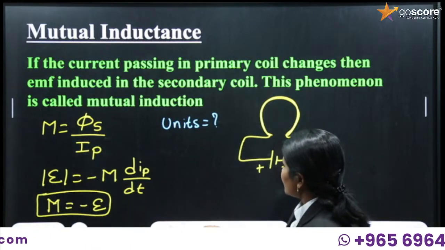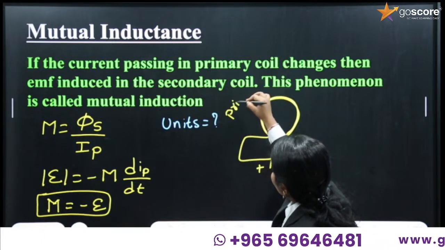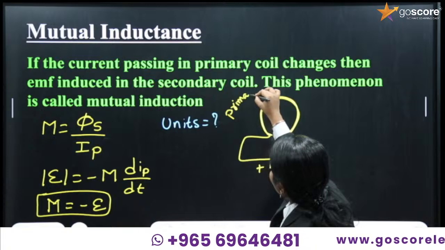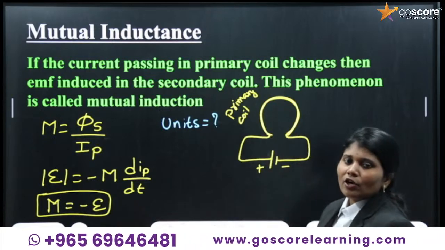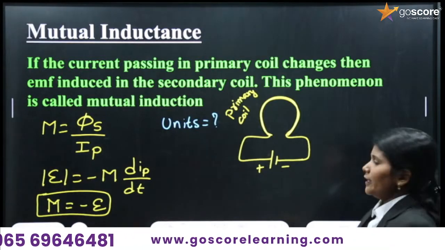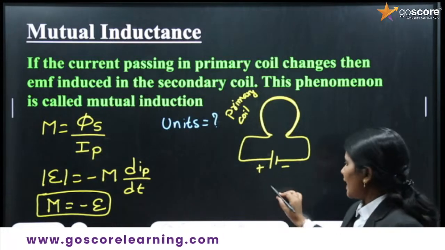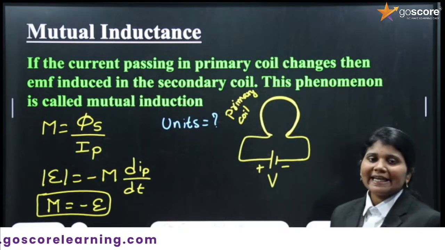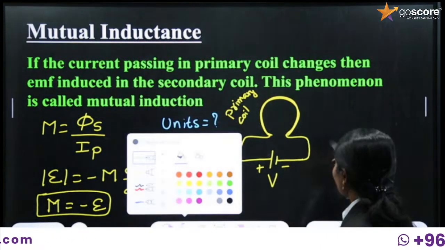This coil we consider as the primary coil. Whichever coil is connected to the supply or battery, that coil we call the primary coil. The other coil is the secondary coil.